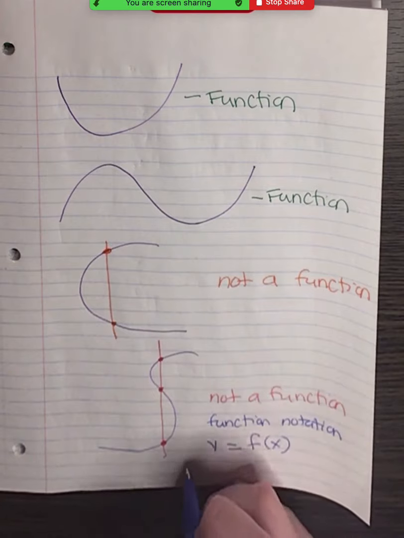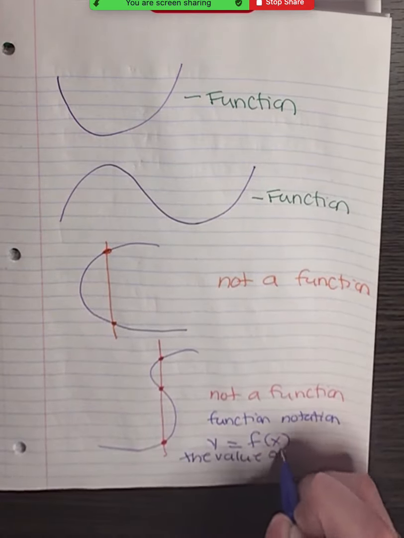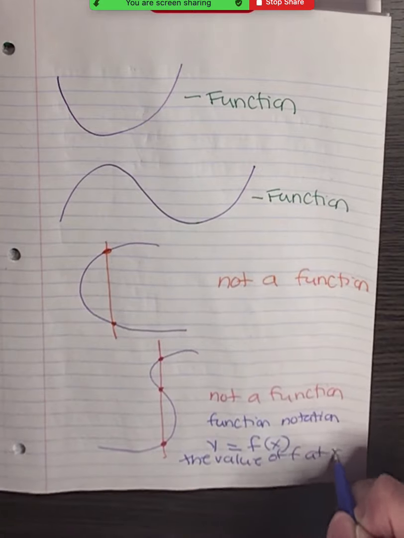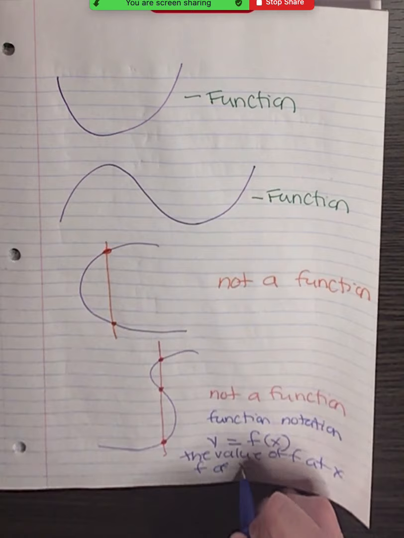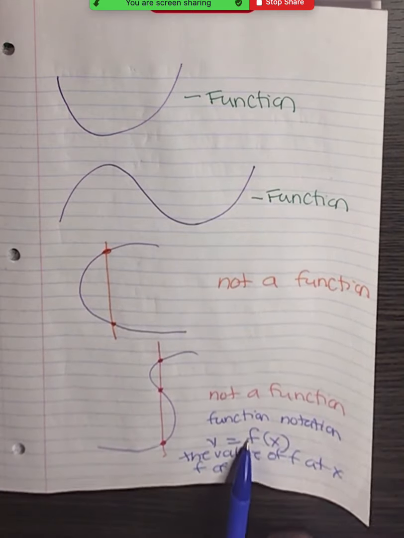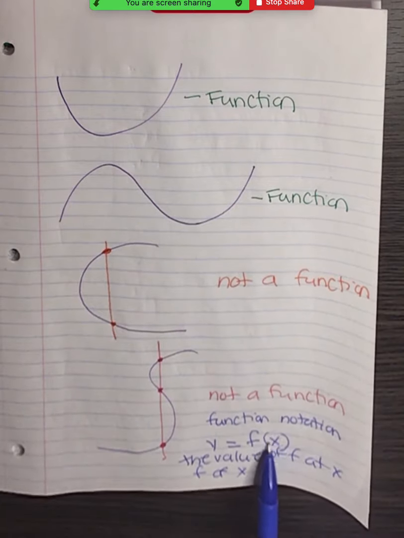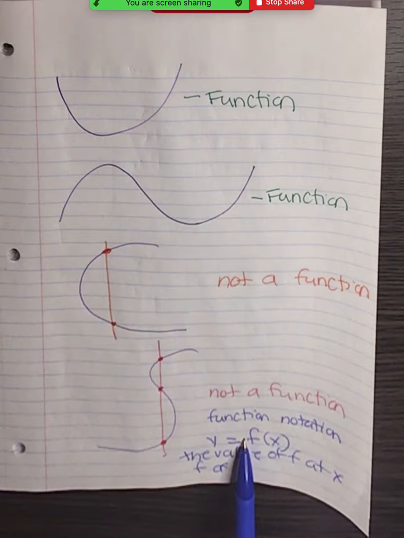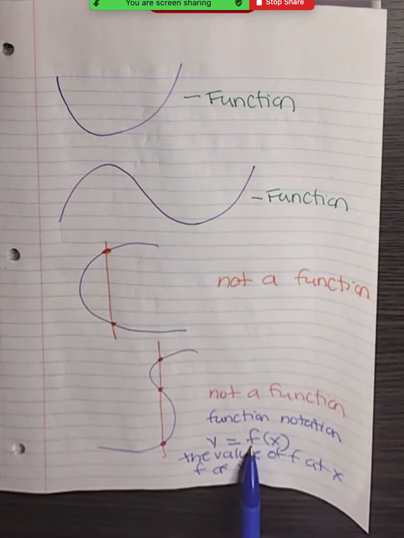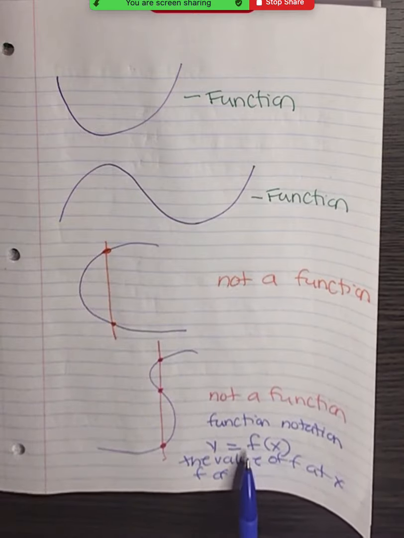You can say the value of f at x, or we can say f of x. It just means that it's a function that depends on x. The x value inside the parentheses is telling you you have a function, and it's telling you what the function is equal to at this given value of x. It is not f times x.